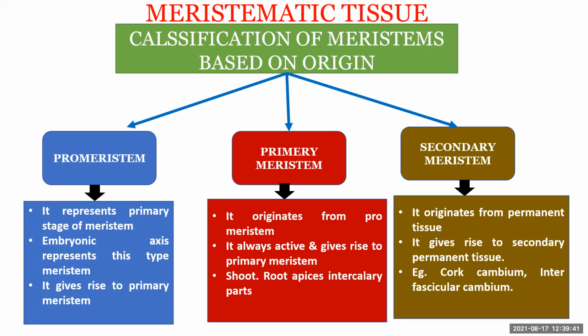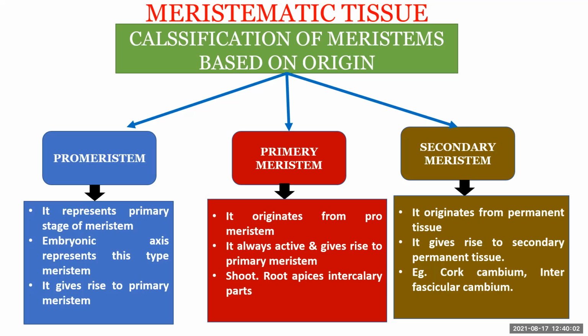But if you provide proper conditions, in some conditions, the permanent tissue dedifferentiates into meristematic tissue. This meristematic tissue is known as secondary meristem.